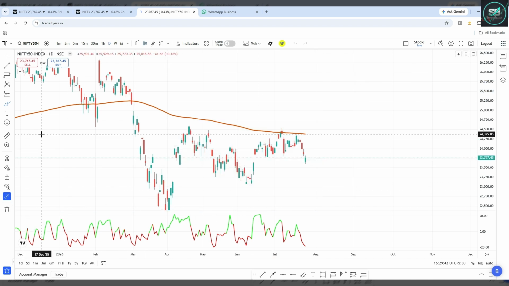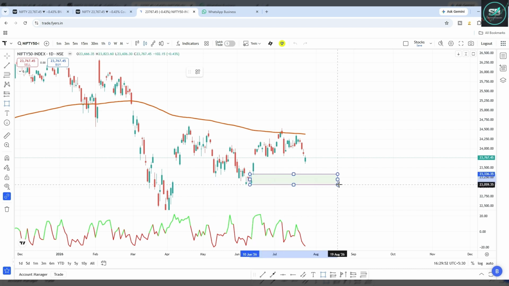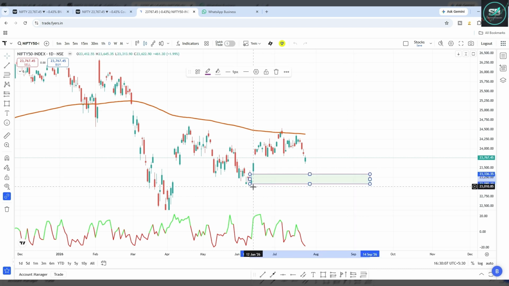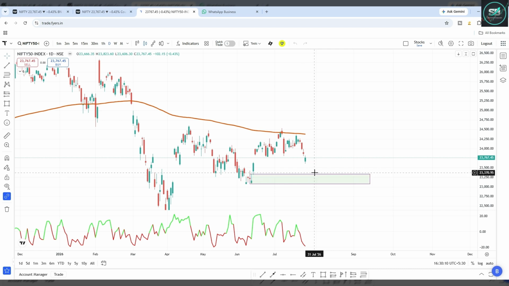Now let's discuss support and resistance. Here, if I draw a zone for support, this is the first support I see in Nifty. This is the major support. In case on Monday the market opens gap down and comes and tests this 24,300 to 350 zone, just with this candle low as an SL, we can go long for a swing trade in Nifty, at least for 800 to 1000 points on the upside.